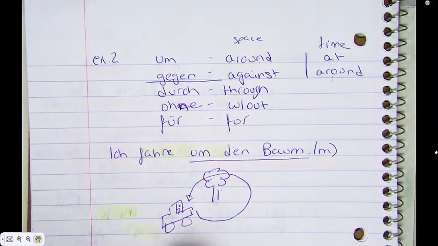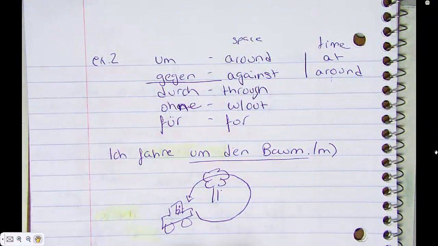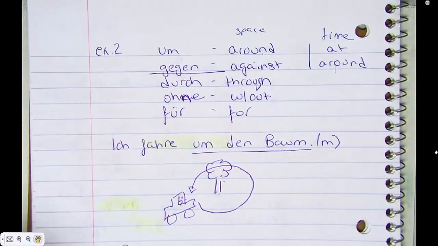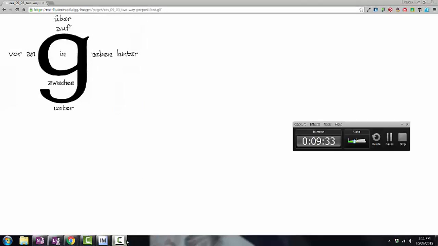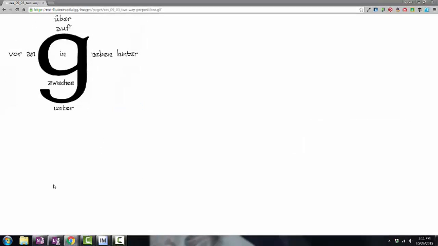All right. And then we had the 9 two-way prepositions. So here's your giant number 9. And we, of course, had über, auf, vor, an, in, neben, hinter, zwischen, and unter.